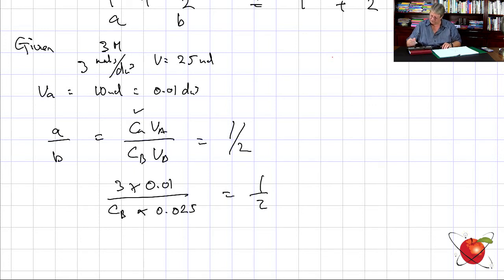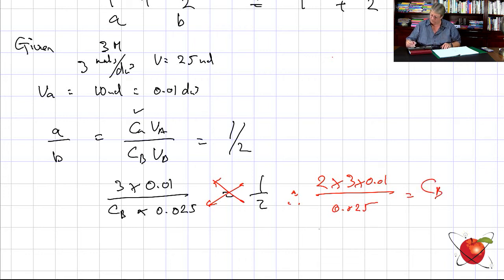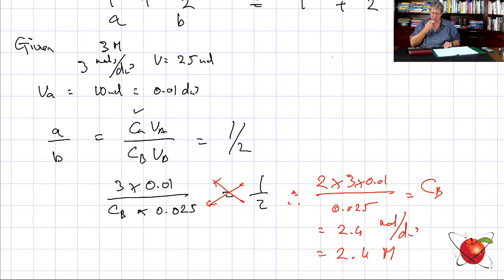That must be equal to a half. How do we solve that? You cross multiply. So we end up with 2 times 3 times 0.01, divided by 0.025, which must be equal to the concentration of the base, which is 2.4 moles per cubic decimeter, or 2.4 M. You can go through that with me again if you wish, but all I've done is apply the formula, very straightforward.